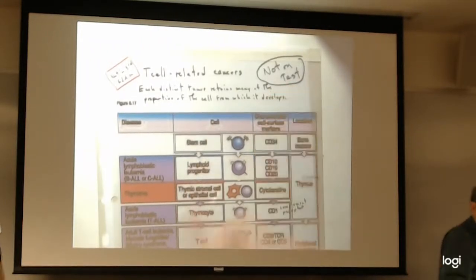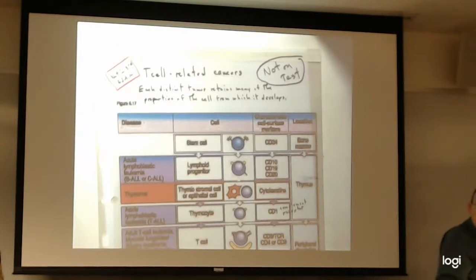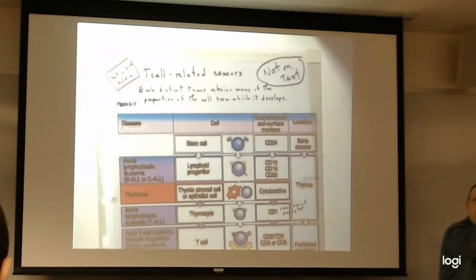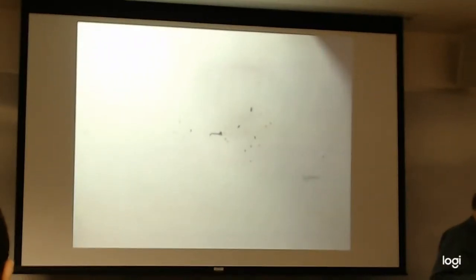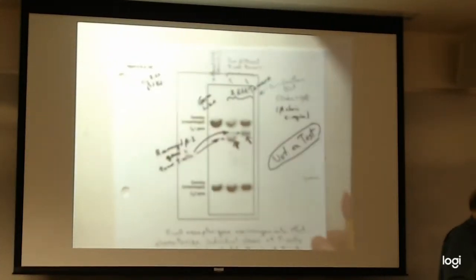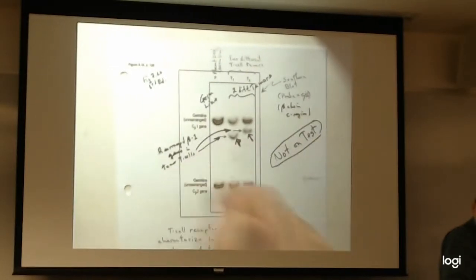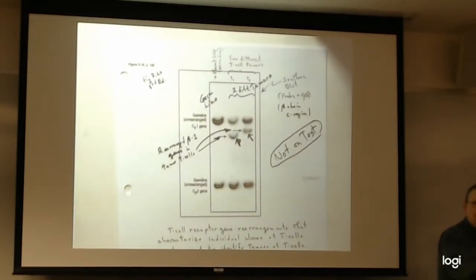Same thing was true with B cells, but you didn't have to memorize what cancers come from what stages of development. And also, as last time, you can do Southern blotting here and follow the treatment of a particular T cell leukemia or lymphoma by Southern blots, which are based on probes recognizing restriction enzyme fragments from the germline.